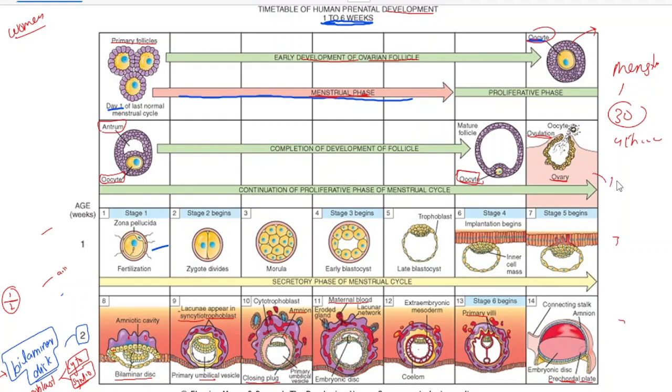You have to remember this day 14, and also remember that at day 14 LH surge occurs. The LH hormone becomes much greater, and due to this the oocyte becomes detached and ovulation occurs. This is the oocyte, and the remaining cells remain in the ovaries.